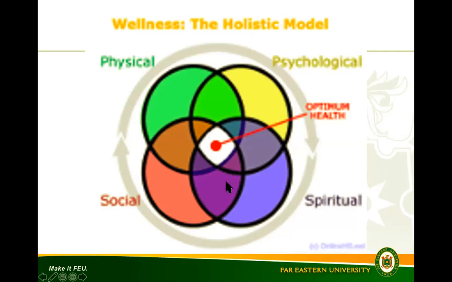Now, putting emphasis that each person has the capability and responsibility for optimizing the sense of well-being by addressing these different aspects of his personhood. At the core or at the center of the model, where all the aspects intersect, is the point at which there is optimum health.